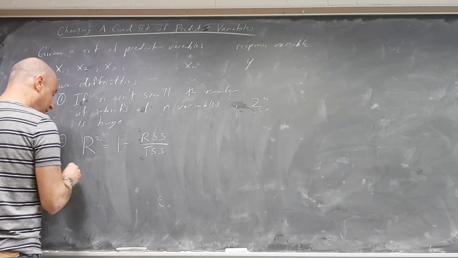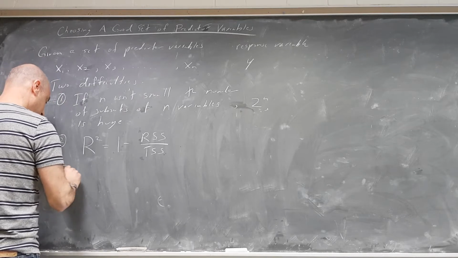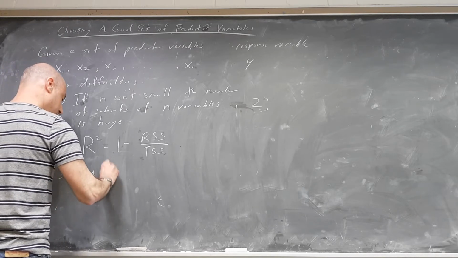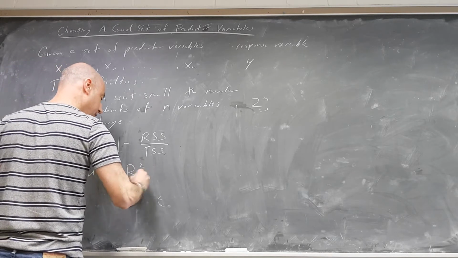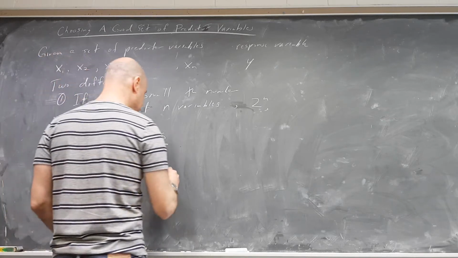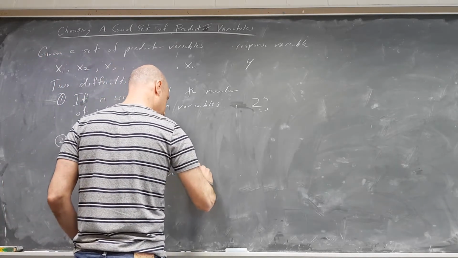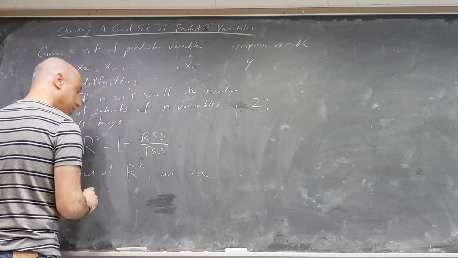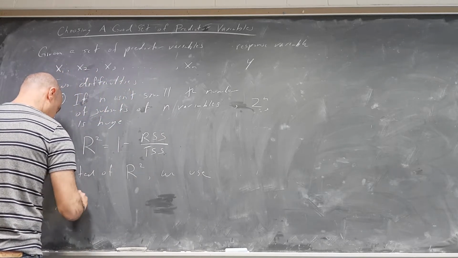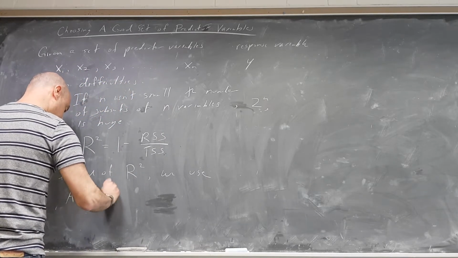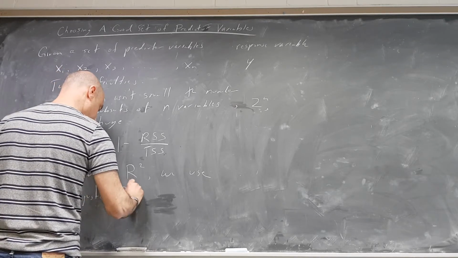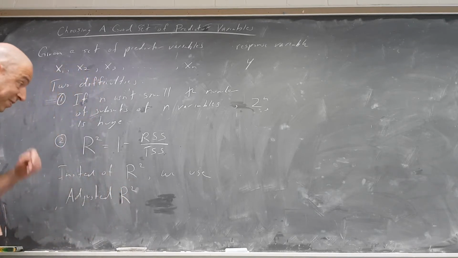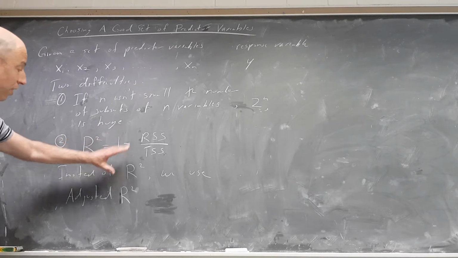So instead of R squared, we use something called adjusted R squared. So R squared is just this.